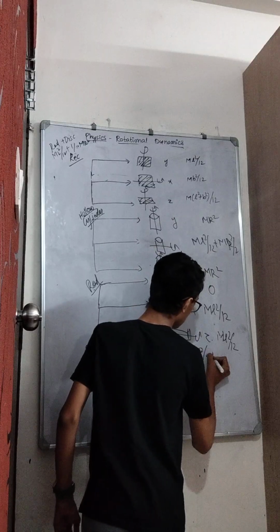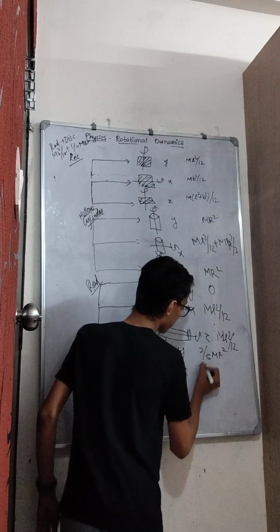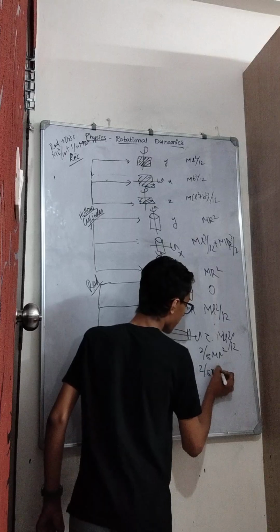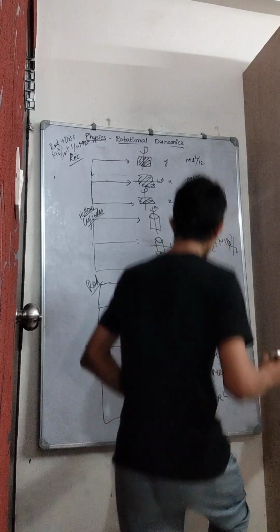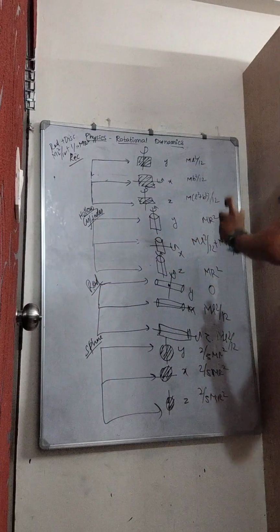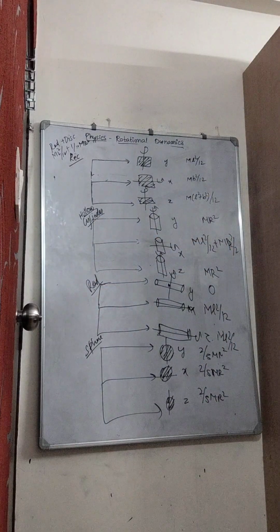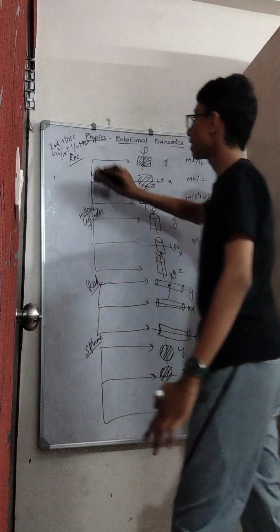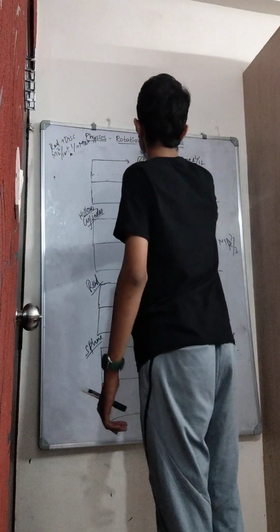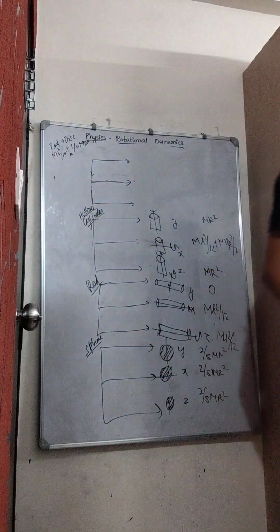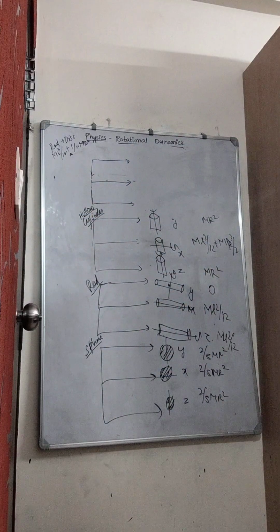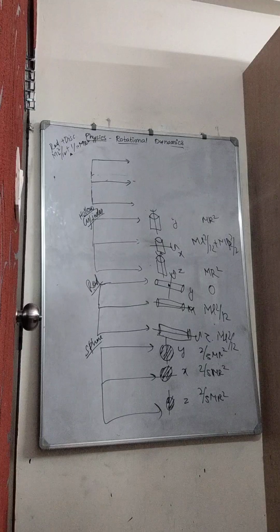If I spin, it will be 2 by 5 mr square, 2 by 5 mr square, 2 by 5 mr square, because all three will be same. Because in any direction you move, it will be 2 by 5 mr square. Okay, now this one I hope you noted down. So all done.